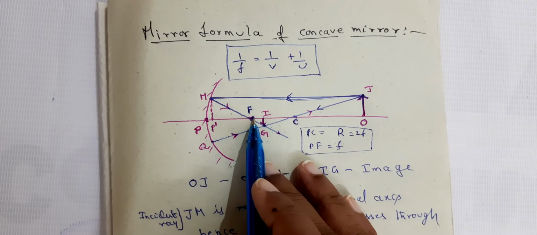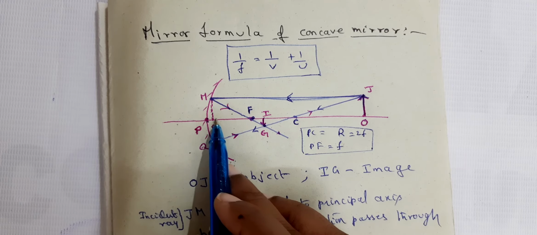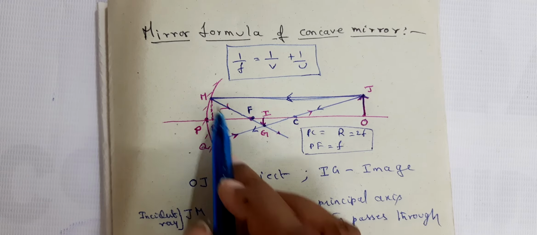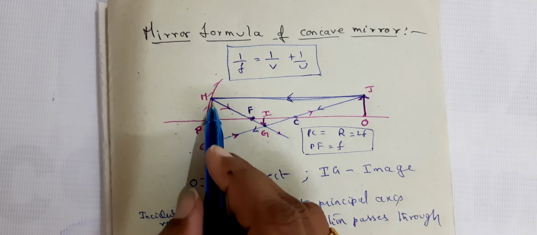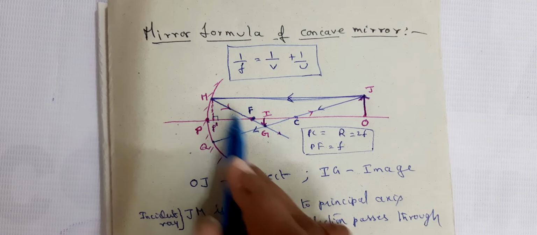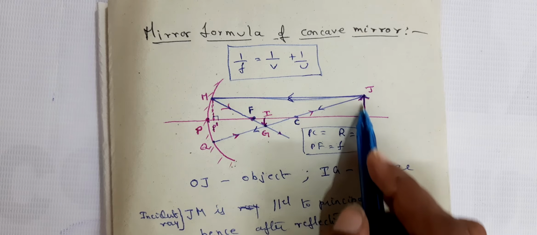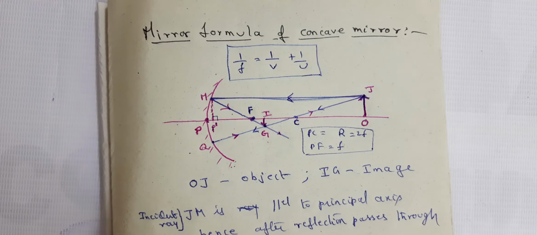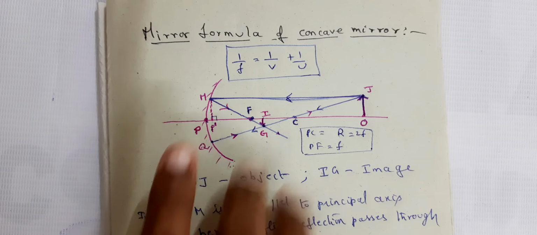For this, drop a perpendicular from M onto the principal axis; MP prime is the perpendicular. So altogether we have four triangles.